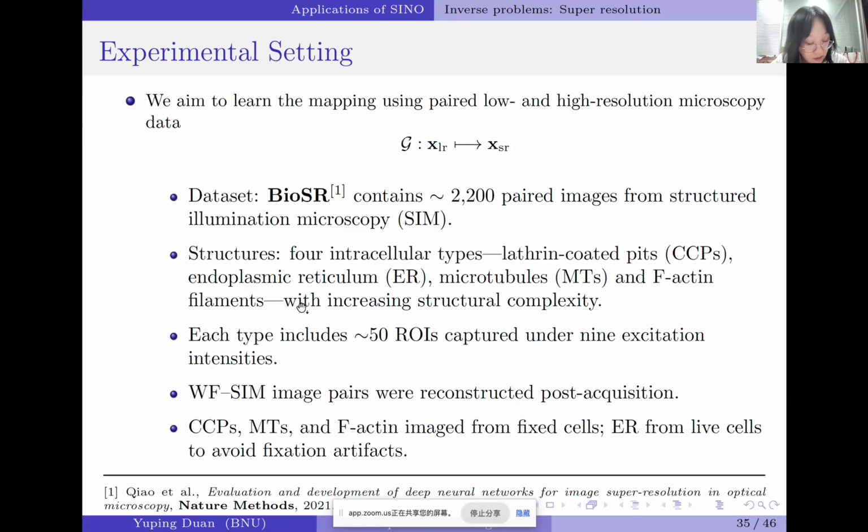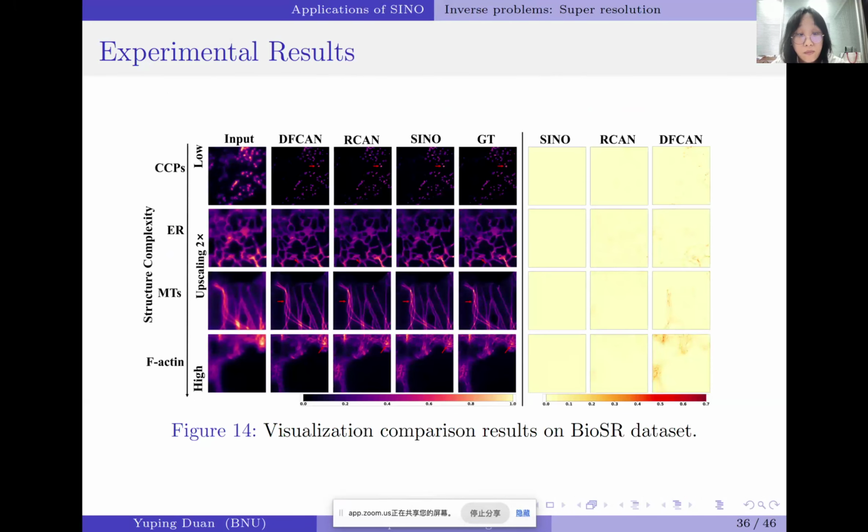The dataset contains 4 cellular types: the CCPs, ER, microtubules, and F-actin. These structures have different levels of complexity, which give a useful test of reconstruction quality.